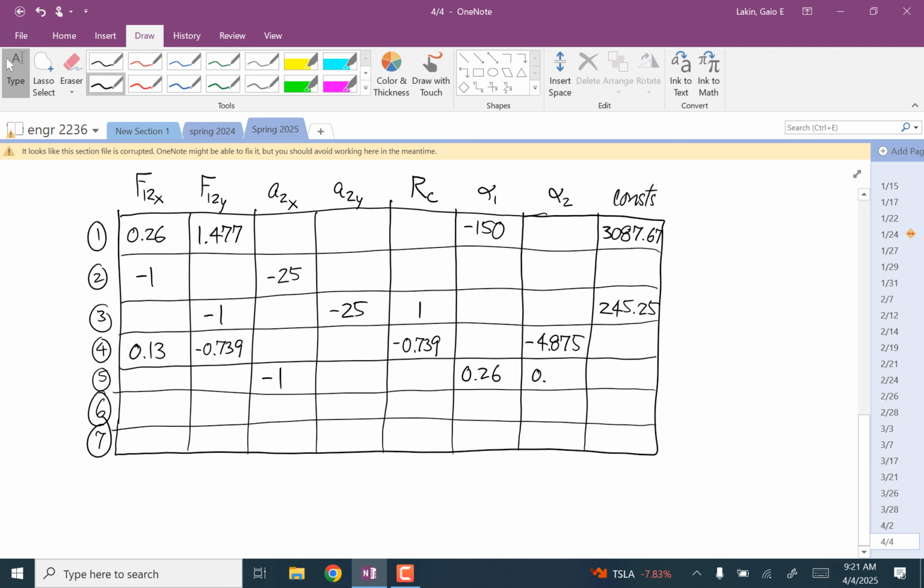Alpha 2, we have 0.13. Equation 6, A2X's, we have negative 1. Alpha 1's, we have 1.477. Alpha 2's, we have negative 0.739. And then the last one, A2Y's, we have 1. And alpha 2, we have negative 0.739. And everything else is zeros. So that's the augmented matrix I used. And then just RREF on that matrix will give you the answers.